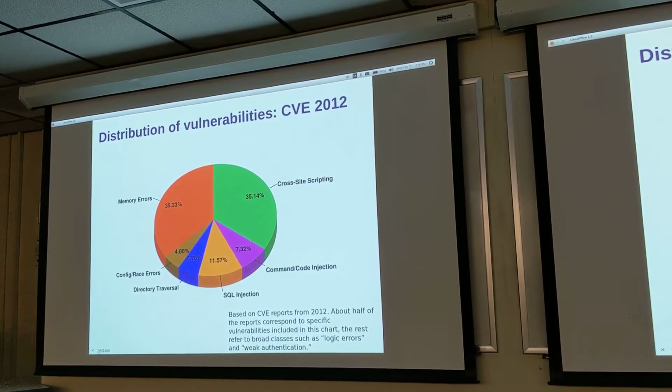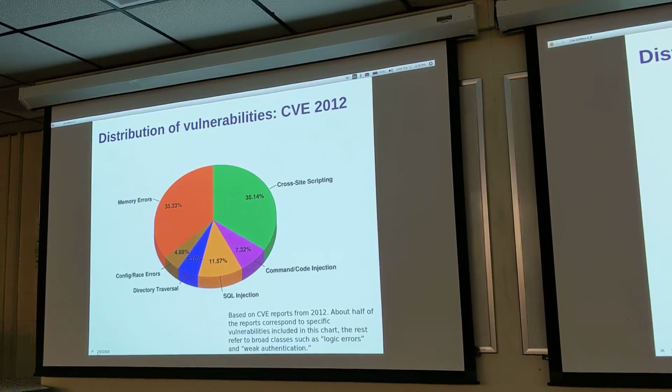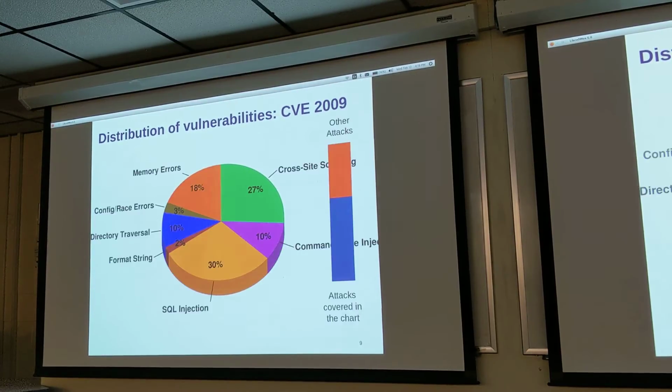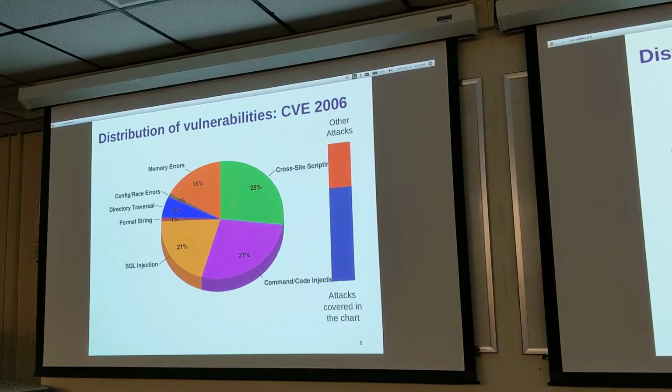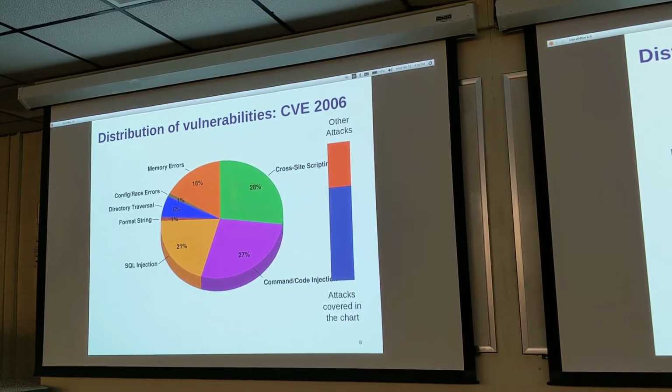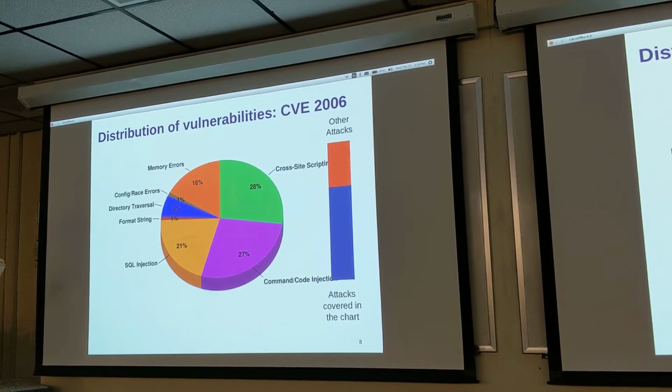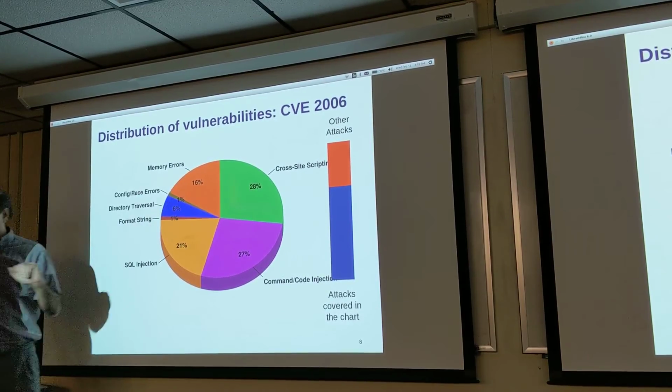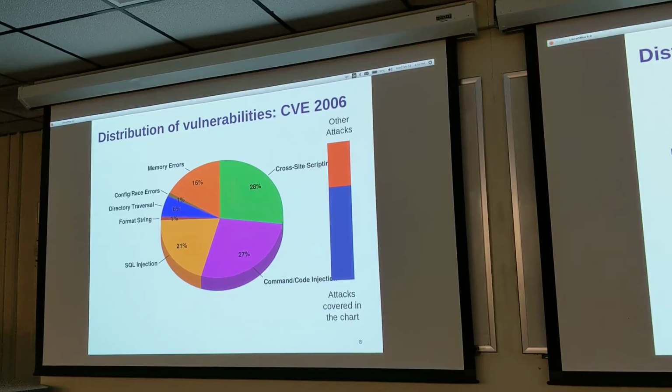Part of this is that in the 2005, 2006 timeframe, ASLR and all the memory error mitigation mechanisms were put into place, so the attacks became a little bit more difficult.